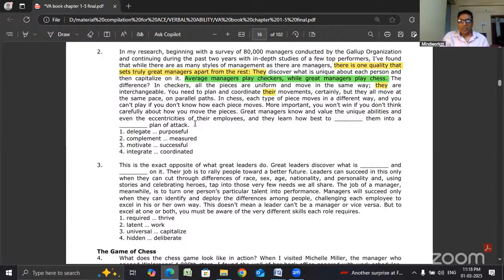What would be the answer? And they learn how best to dash them into a dash plan of attack. Purposeful plan of attack, does not fit in, and delegate them into does not fit in.